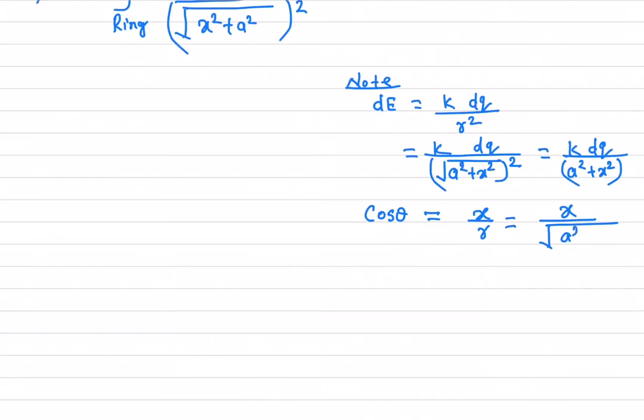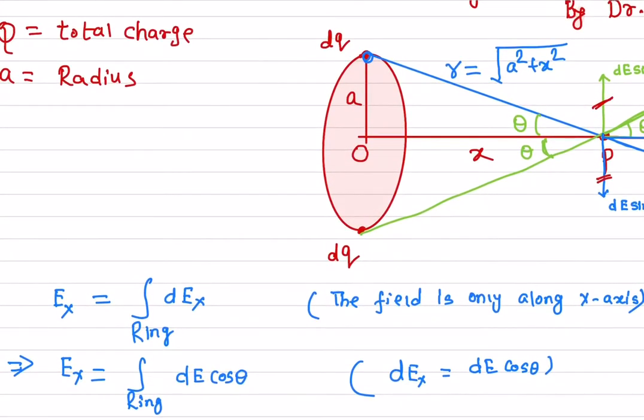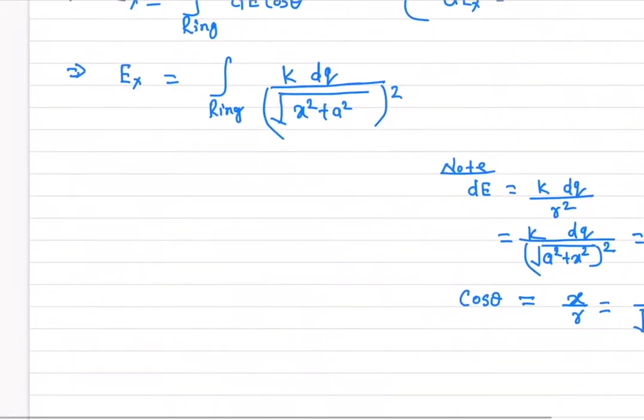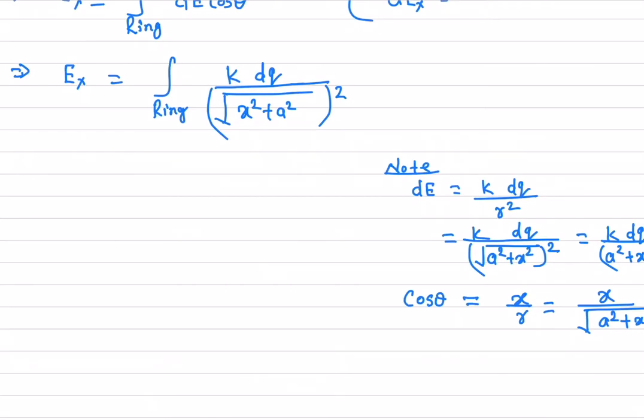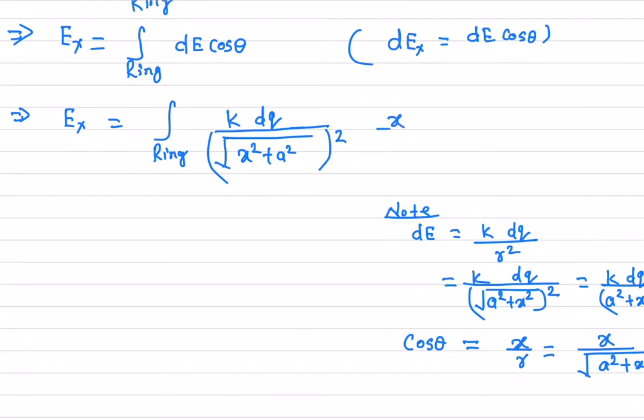X is a constant, and r is equal to the square root of a square plus x square, and this is also a constant. It doesn't matter which location you choose, r is always a constant from all locations. So now let me write down the cosine theta value, which is x over the square root of a square plus x square.